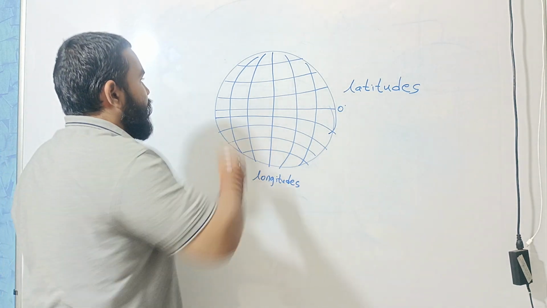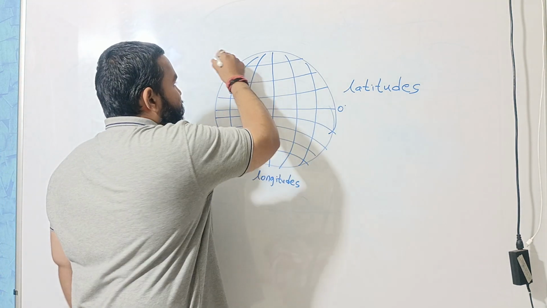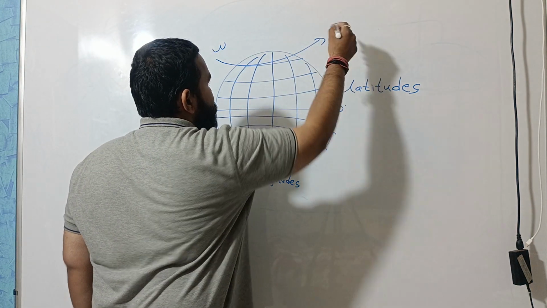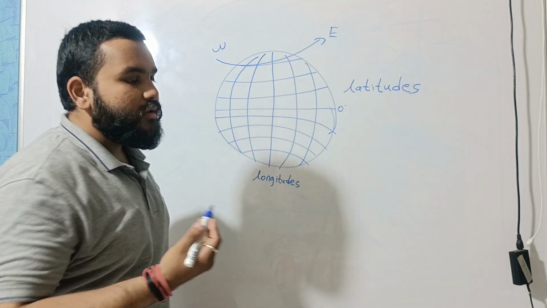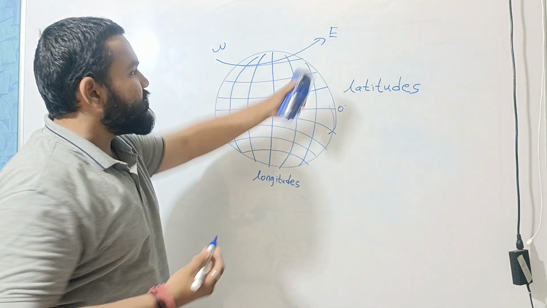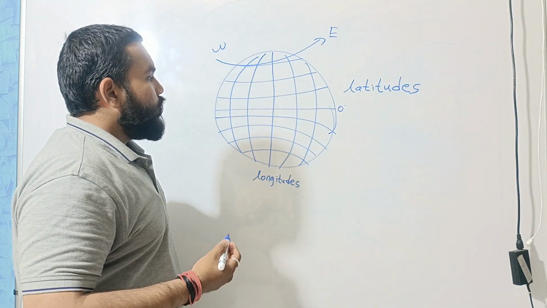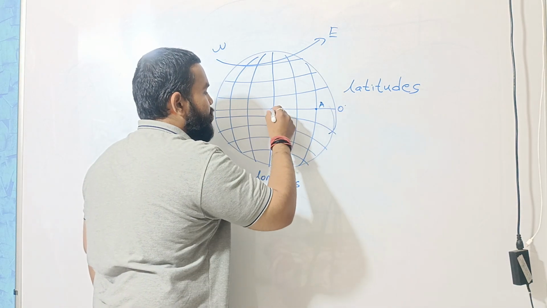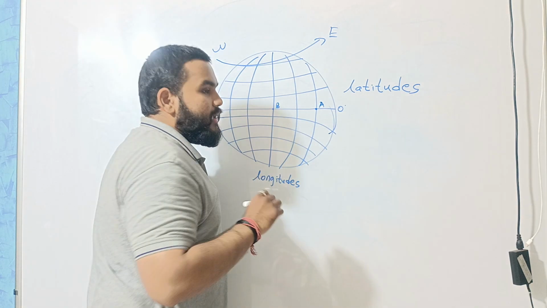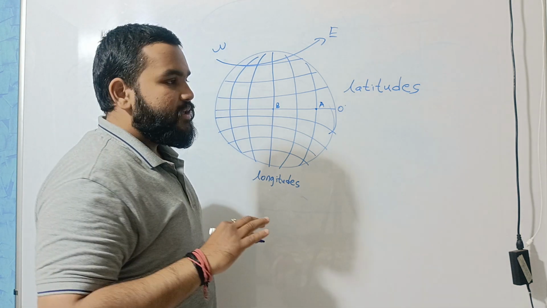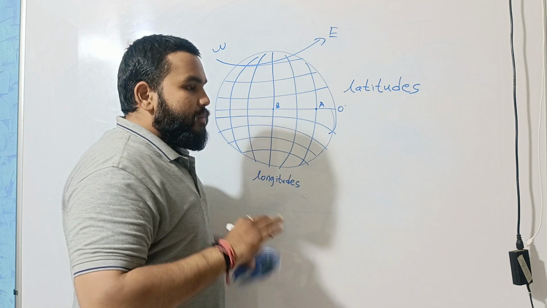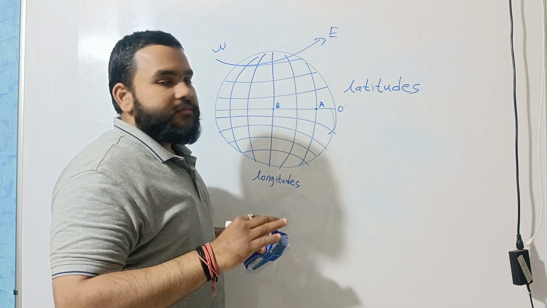So why are these important? Because, as we all know, our Earth rotates from west to east. So if I suppose a point A here and a point B here, I'll do some mathematics and try to draw you into this topic using simple logical phenomena.